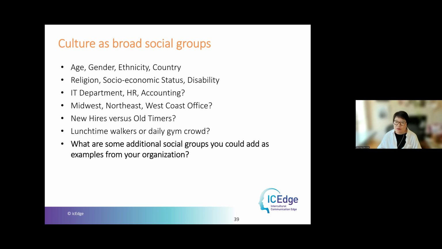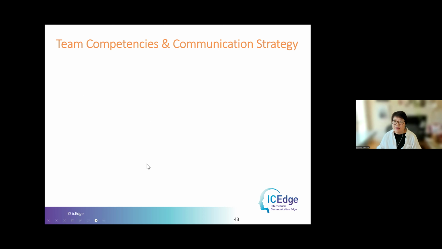And gender, ethnicity, religion, or even different departments, different regions of a country, or new hires versus old timers in an organization. This could be applied to many different social groups when we treat culture as not a country level construct.